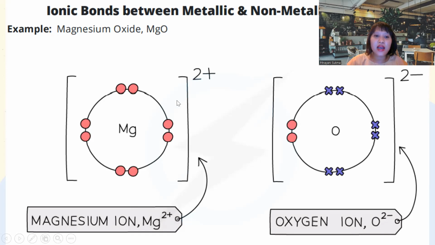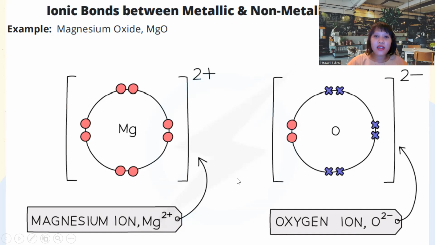It becomes a magnesium ion with a +2 charge, because it has lost 2 electrons. The oxygen ion gains 2 electrons to make its shell full, so it has a stable configuration, and it becomes an oxygen ion with a -2 charge.